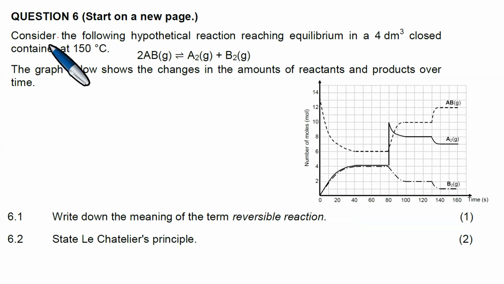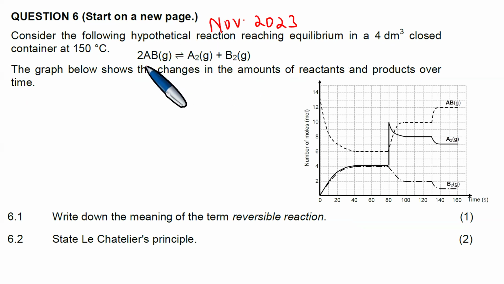Now, question 6. This question came from the November 2023 chemistry paper. Consider the following hypothetical reaction reaching equilibrium in a 4 cubic decimeter closed container at 150 degrees Celsius temperature. Obviously, it is a hypothetical reaction.